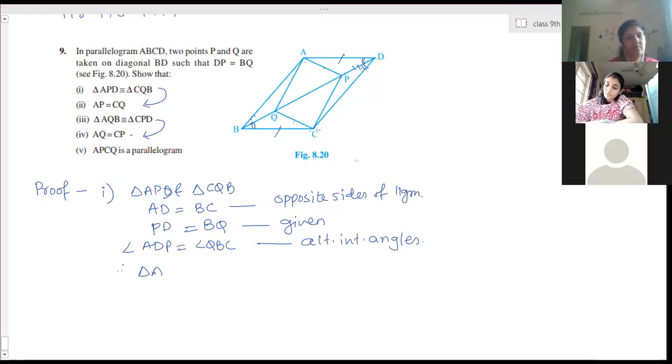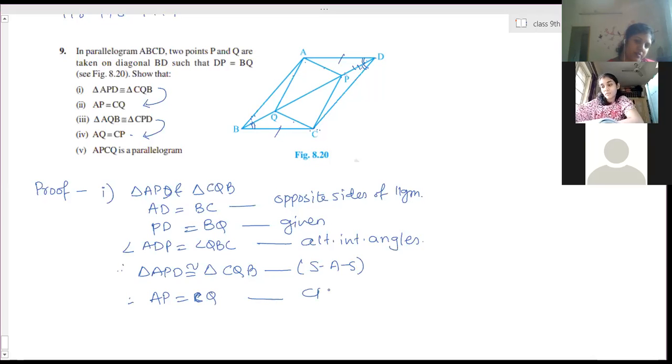Therefore, triangle APD is congruent to triangle CQB by SAS congruency, and therefore AP is equal to CQ by CPCT. This is second part.